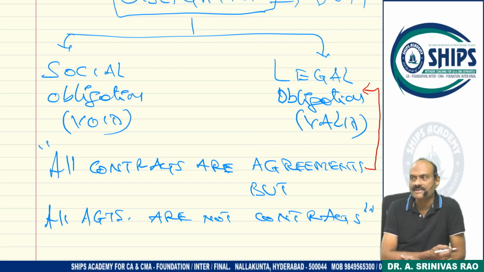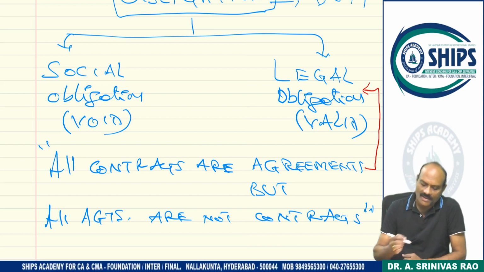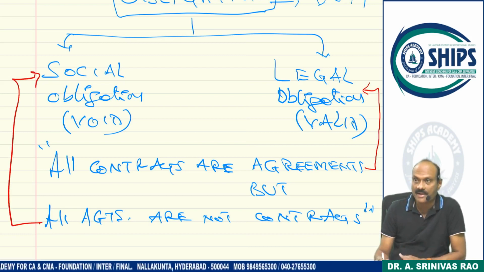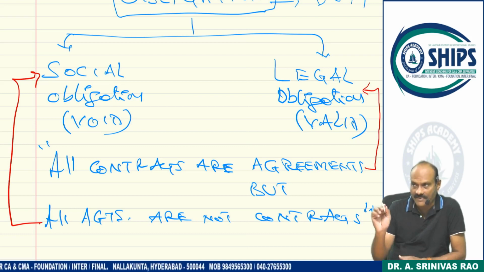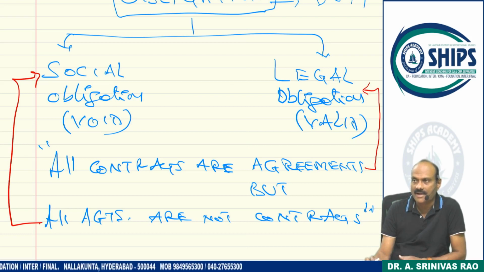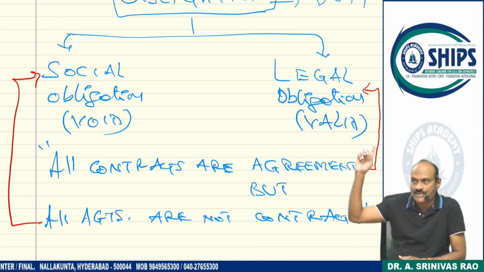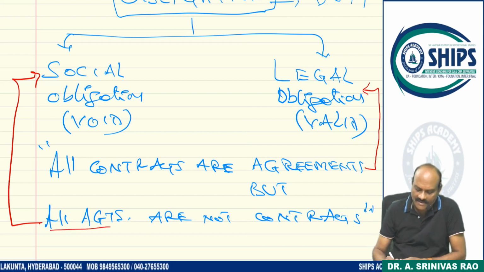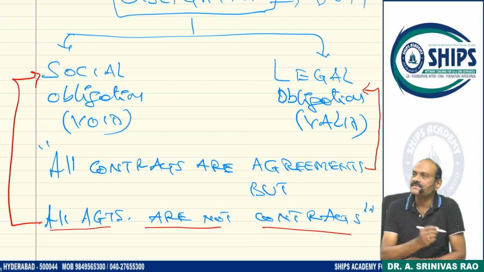Hence, all contracts are agreements. But if parties are willing to create a social obligation, here offer is there, acceptance is there, agreement is there, but it has no enforceability. That's why all agreements are not contracts.